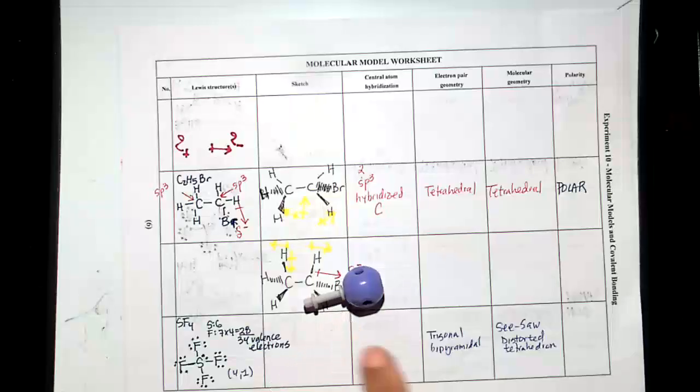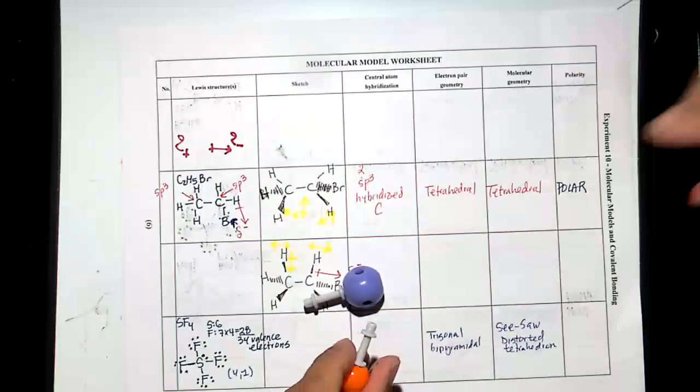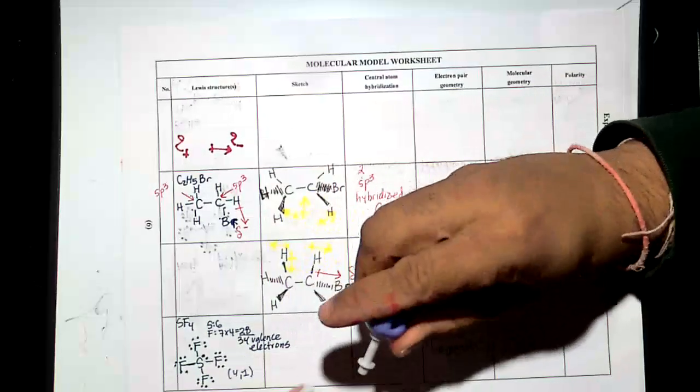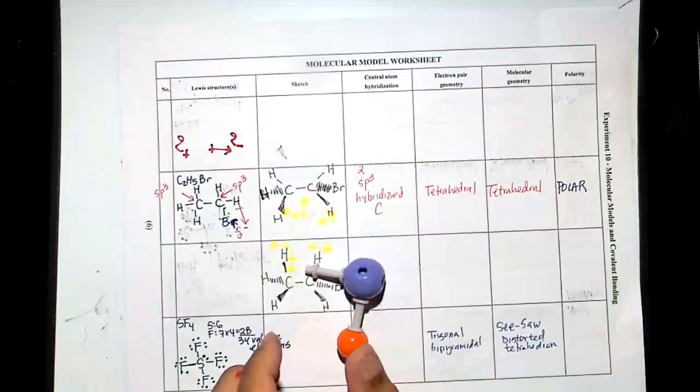Okay, 4 of these will be filled with fluorine, and then the other one will be filled with the lone pair. So here's my central atom. It has 5 holes. 4 of them will be fluorine.